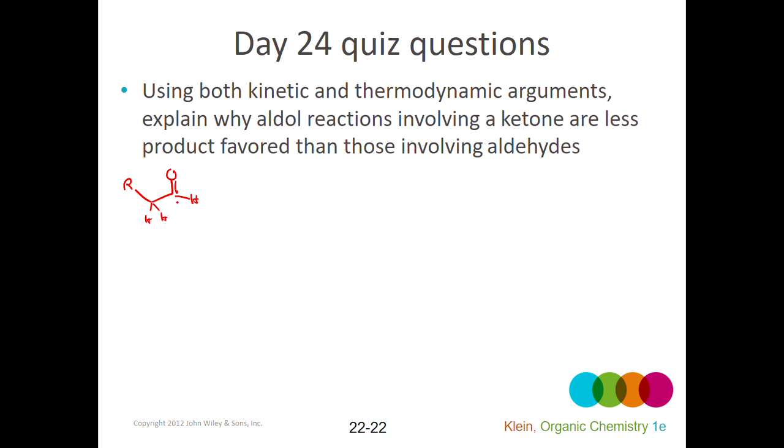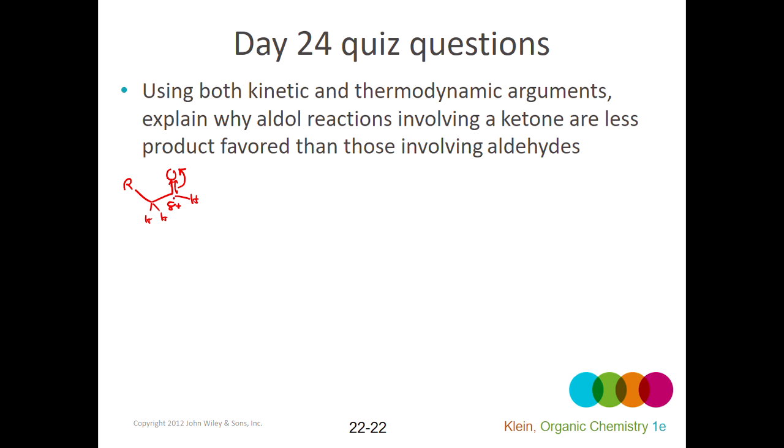Since I have an aldehyde, there's not much sterics. Also, from a kinetic perspective, the oxygen pulling electrons away, creating a lot of partial positive here through induction and resonance, is creating a large partial positive. The hydrogen can't really donate electrons in to help stabilize that.